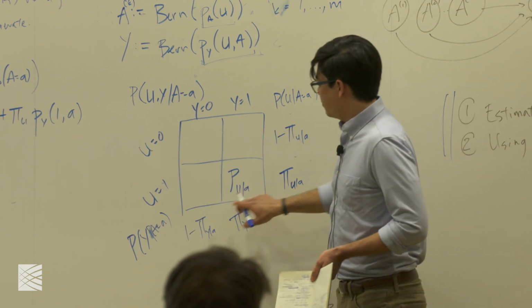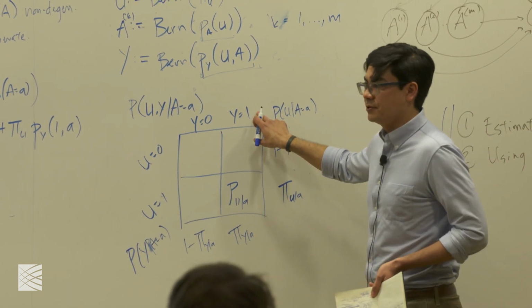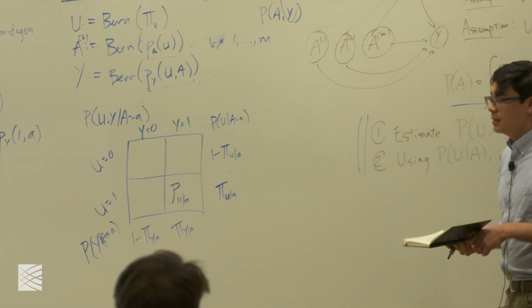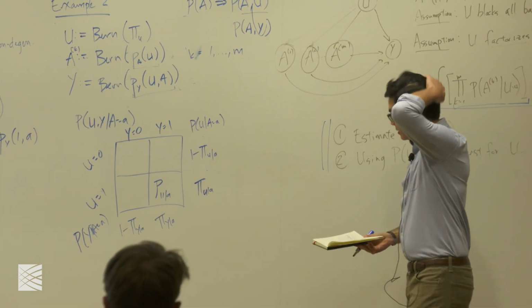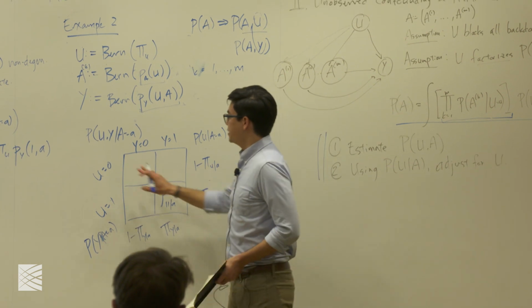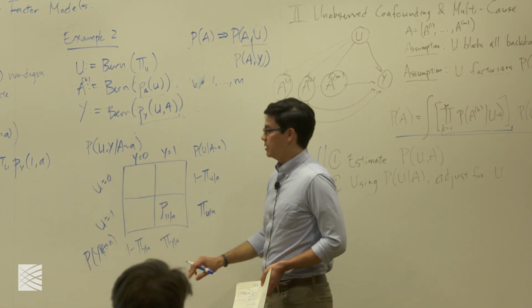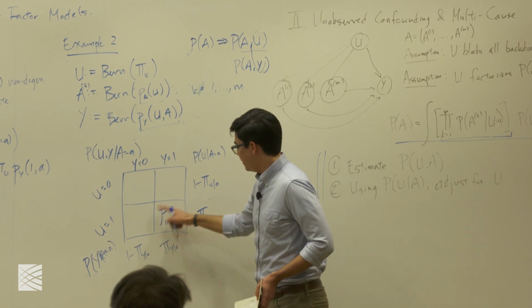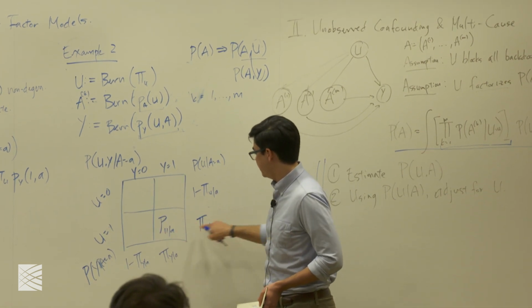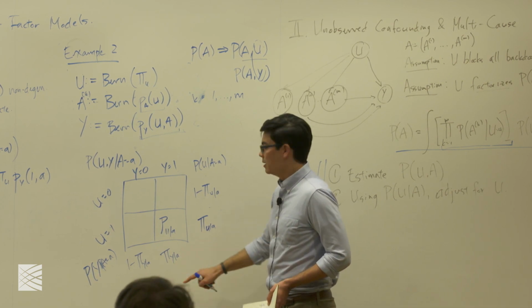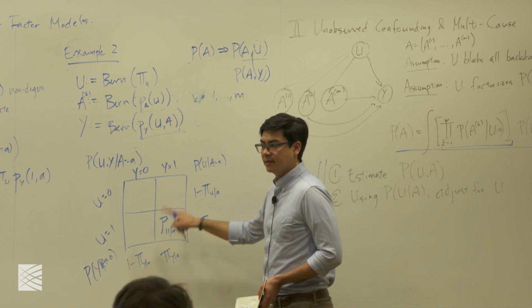That is the joint probability that u is equal to 1 and y is equal to 1, given that a takes this particular value. You can think about P11 of a as linearly related to the correlation between u and y conditional on a. This value is constrained: it has to be smaller than the row margin and the column margin, but there's a valid range that it can move on.